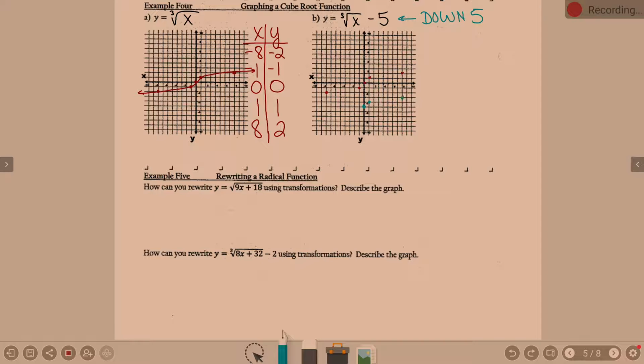That's the equivalent of just dropping those other dots down 5. I'm also going to go left 1 down 1 and left 8 down 2. And if you count, all those points are 5 below the original points. And then connect them to make the graph, right?